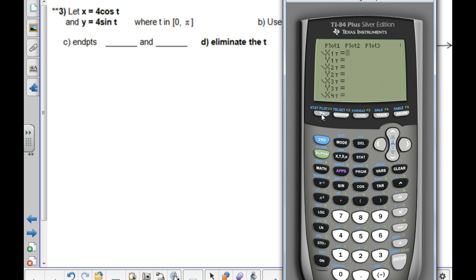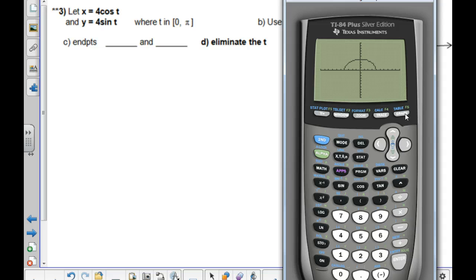Okay, we got to go back to y equals and type this in. 4 cosine, or remember when you hit that button, it's going to give you a t now. And the y is 4 sine t. All right, because the graph is stretched, I don't think I'm really going to get the right picture here. Okay.